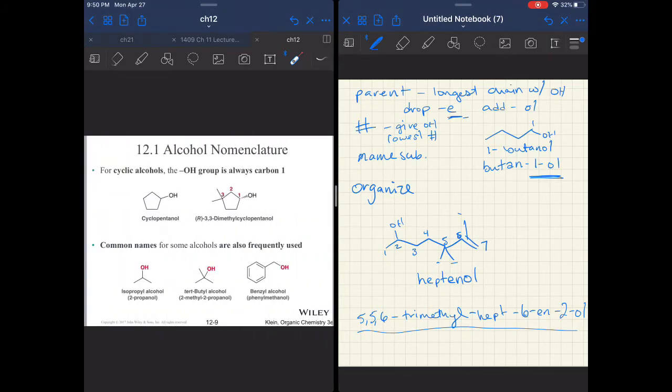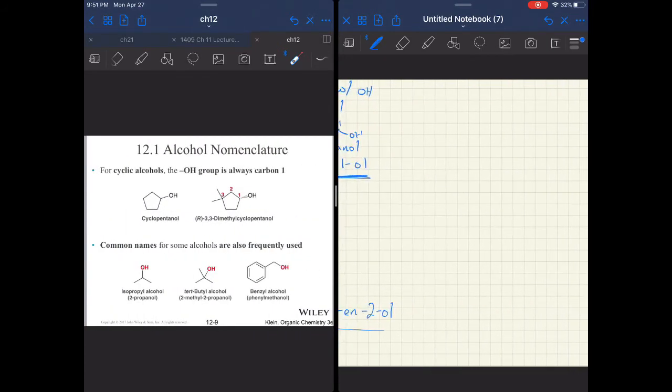If you've got a cyclic structure, right, nothing changes there except you know it's going to be on carbon 1 because you can number in any direction. Now, if it does make a difference, you could use something like alphabet to break a tie. All right, so whether I go right or left around this circle, I'm going to get something on the 3 and the 5 position.